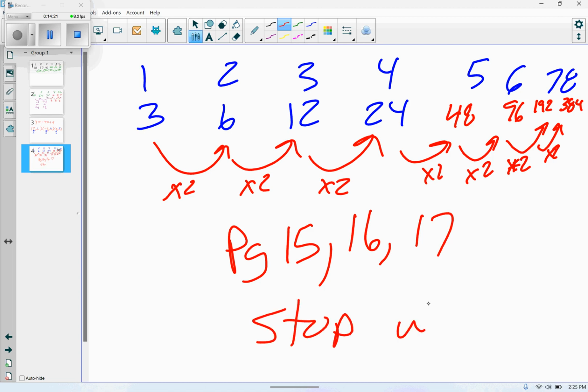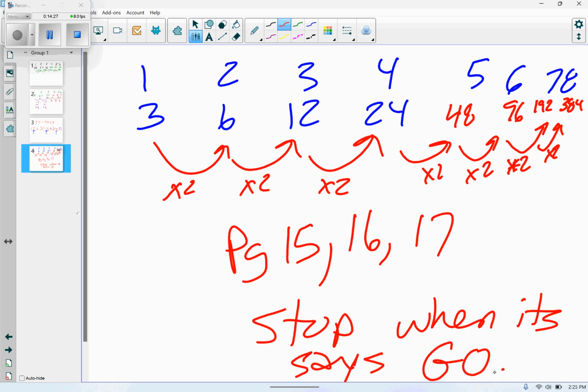Stop when it says go. So if I flip over page 15 down to the bottom, see where it says go right here? That's page 17, but my letter's in the way. So come up here, go up to number 16, and stop.